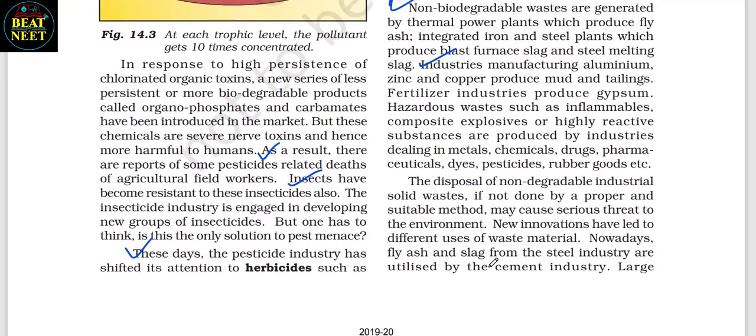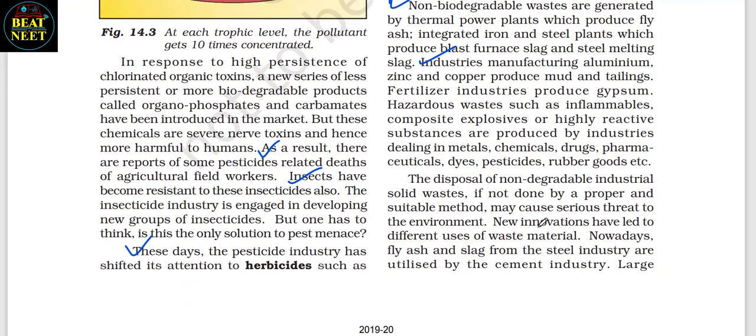Industries manufacturing aluminium, zinc, and copper produce mud and tailings. Fertilizers industries produce gypsum. Hazardous waste such as inflammables, composite explosives, or highly reactive substances are produced by industries dealing in metals, chemicals, drugs, pharmaceuticals, dyes, pesticides, rubber, goods, etc.